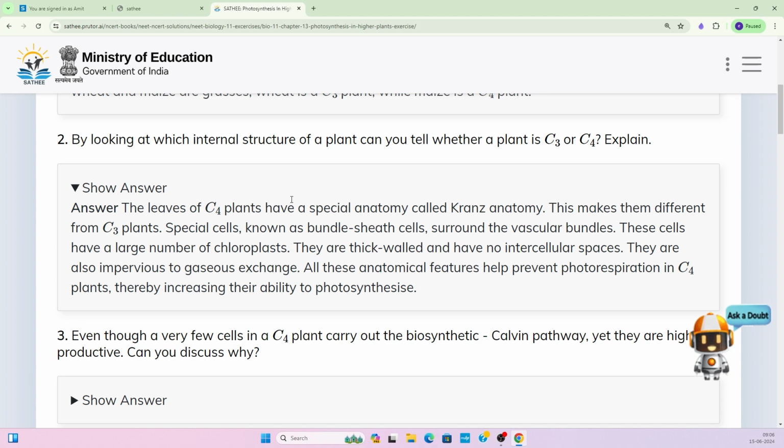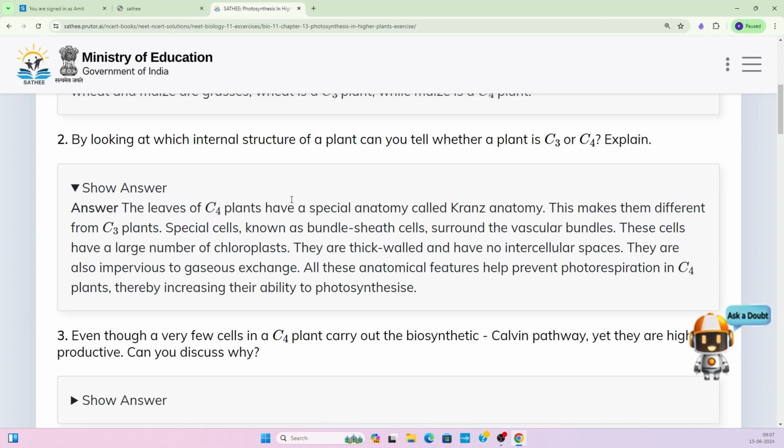This is the advantage of this type of anatomy, the Kranz anatomy, that it can prevent photorespiration in C4 plants, whereas in C3 plants such anatomical structures are not present. But in the case of C4 plants, a special feature, the presence of bundle sheath cells surrounding the vascular bundle, does not allow oxygen to reach the chloroplast of the bundle sheath, right?